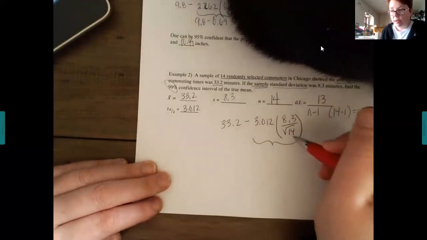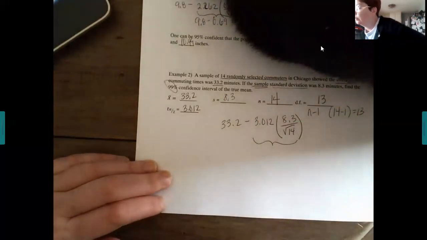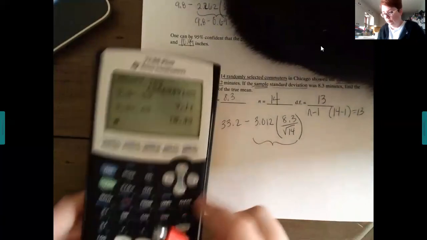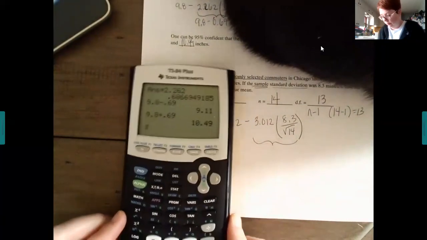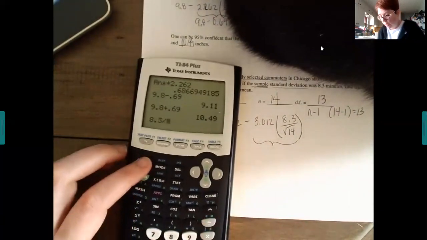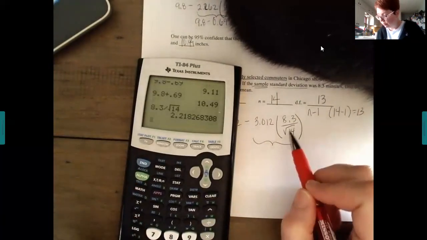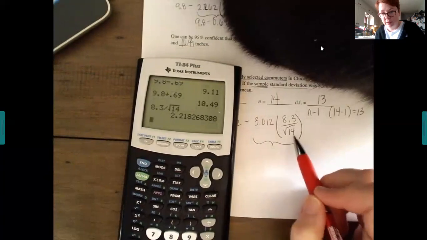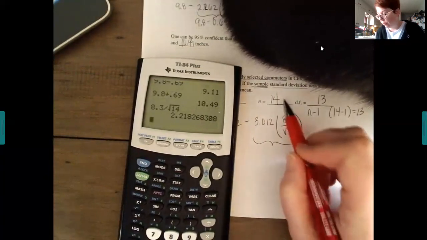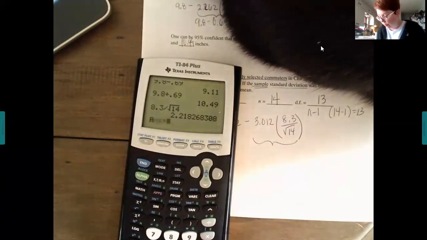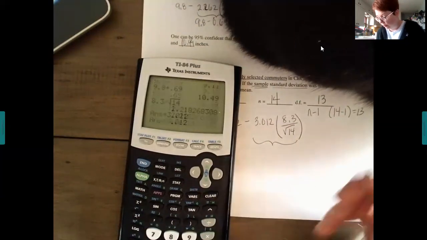So we're going to find this value. And a lot of times you want to be careful because after we get degrees of freedom, sometimes we accidentally put that in for the n value down here. So just be careful you're putting in the actual n value.